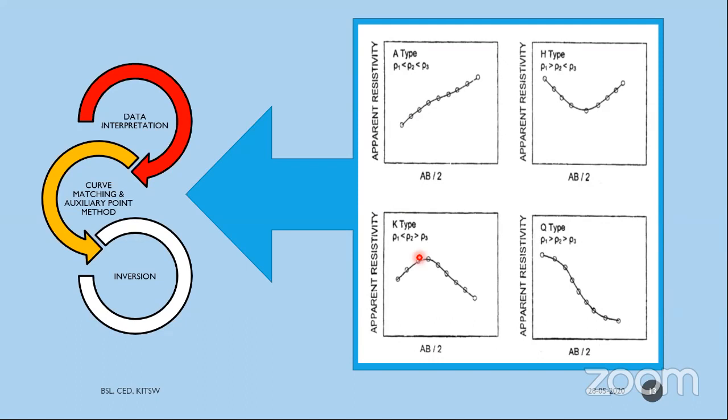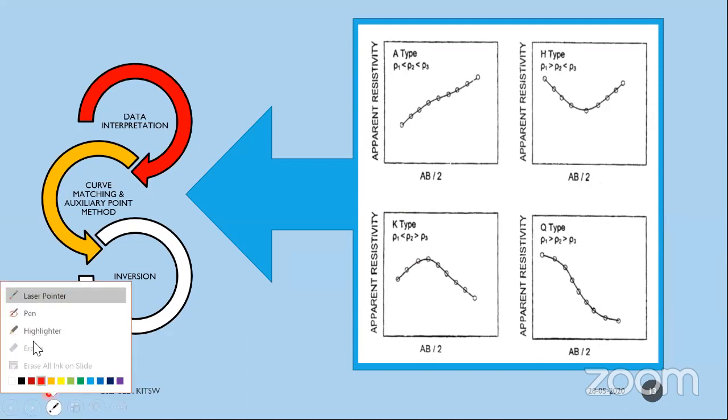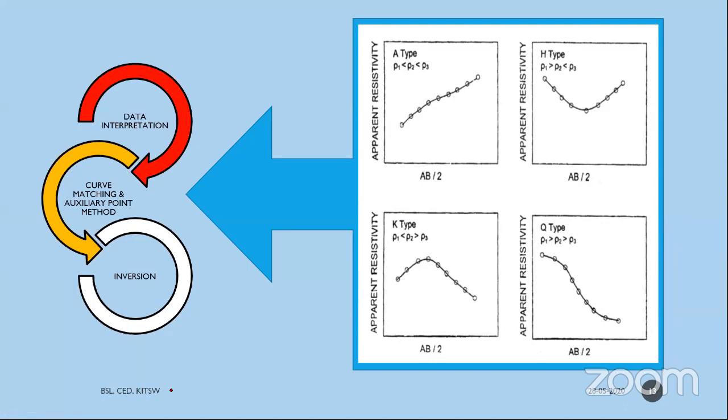What's the difference among these? To understand, let's see an example. For example, this is my ground surface.